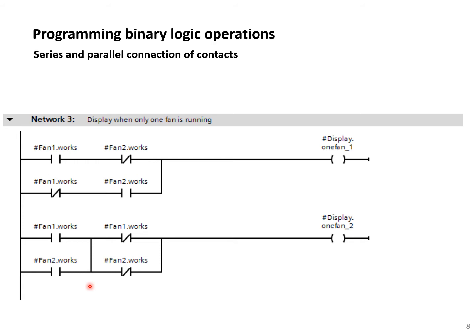Okay, so here we basically have exactly the same program, but you see that it's slightly different in terms of illustration or the networking or connections. But anyway, we have two parallel branches here, and on each branch we have two contacts in series.